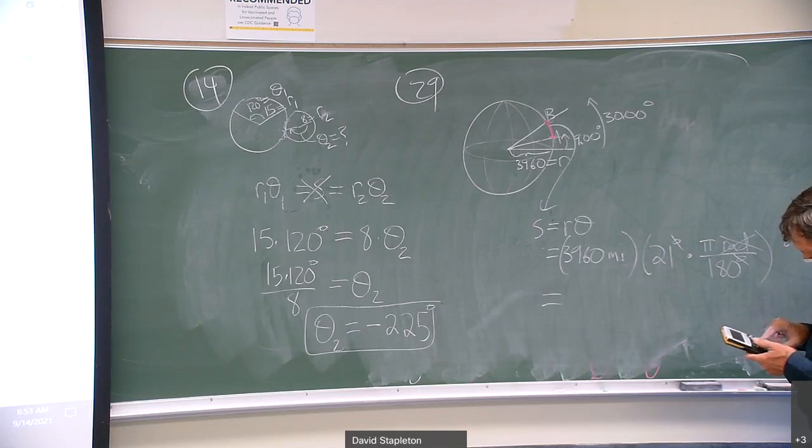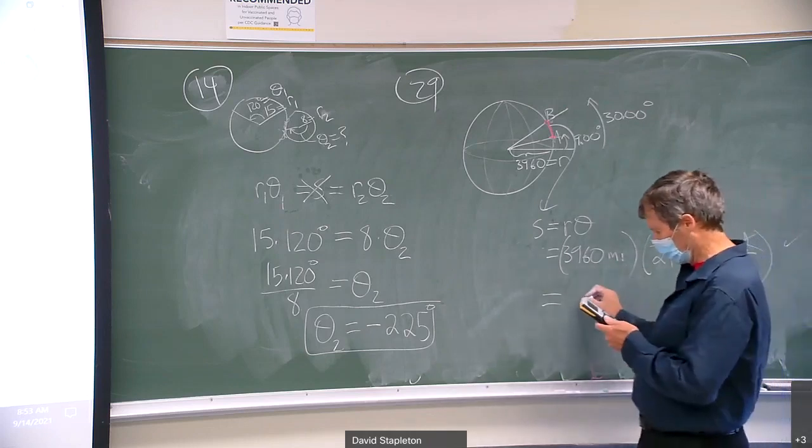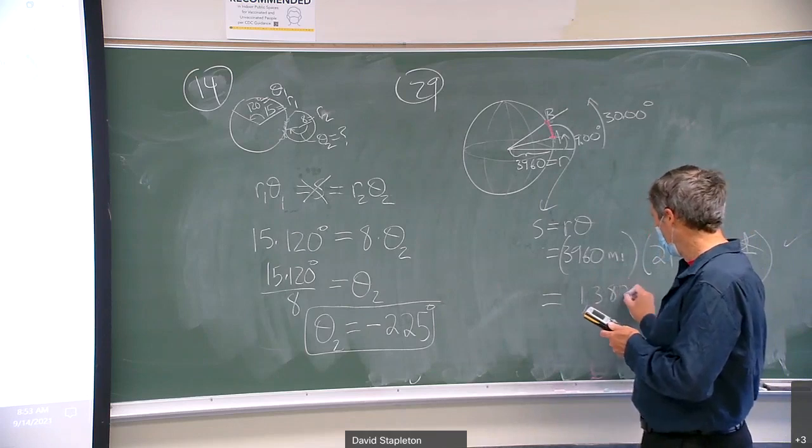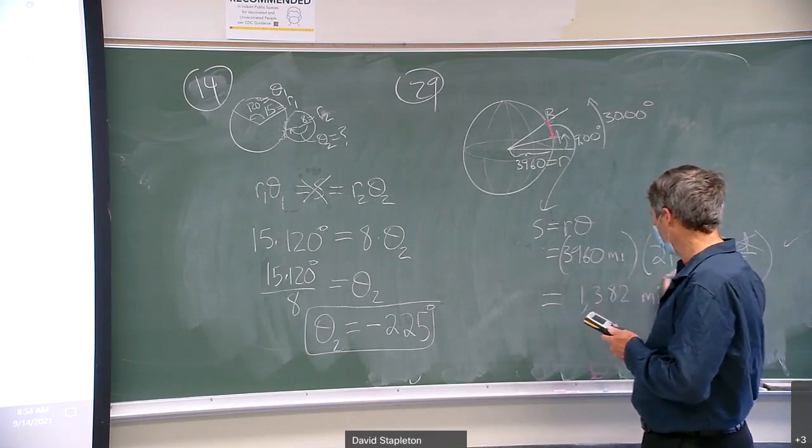Don't forget you've got the blue caret to get the pi, lots of digits. I get 1,382 miles to the nearest mile.